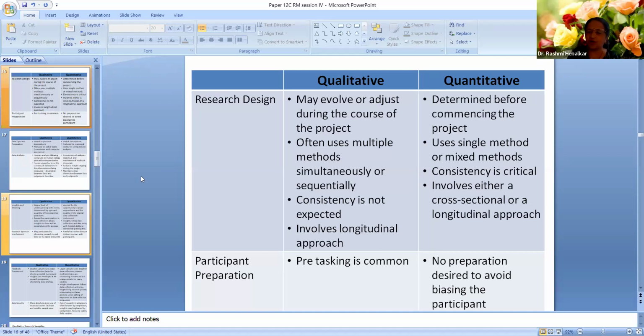When you do a survey, you need not meet the people even. When I do the Google form and send it to you for your stress management or any research challenges, it is not mandatory that you know me. So no preparation is desired, to avoid bias, because bias has no room in quantitative, as it is completely statistical analysis based.